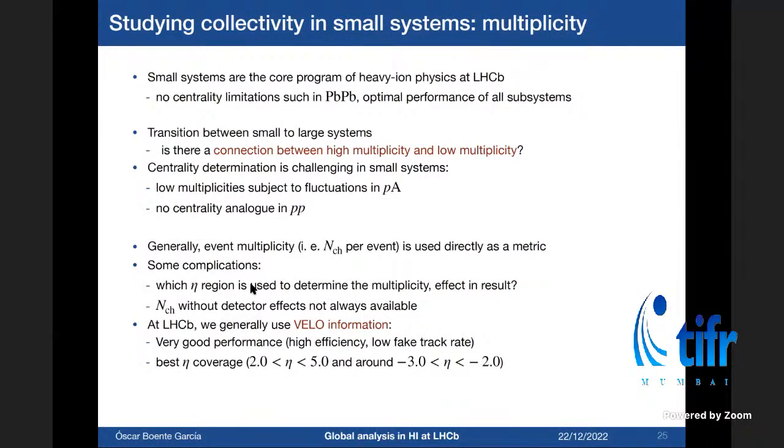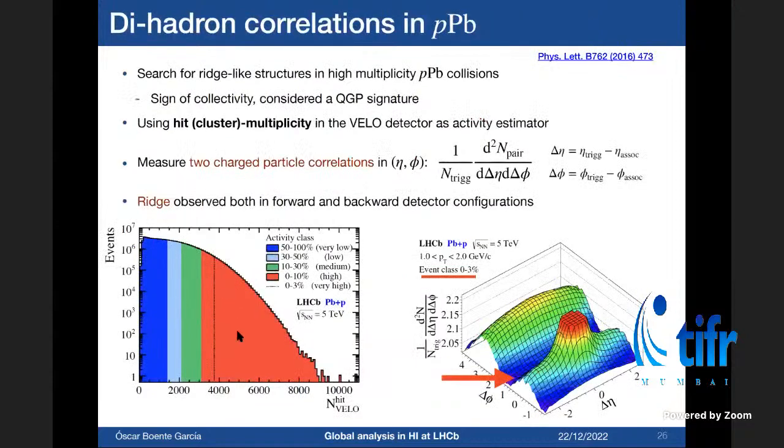But here you start to come into issues like which region of pseudorapidity you take to measure this multiplicity. Because for instance, in LHCb, we have detectors in this range, but the other LHC experiments generally cover more central regions. So it is not clear that just making a distribution like this gives you results, in whatever quantity you want to measure, that are fully comparable between systems.